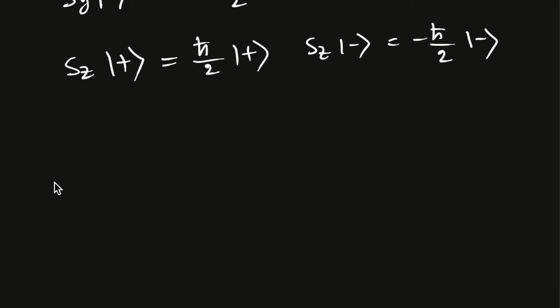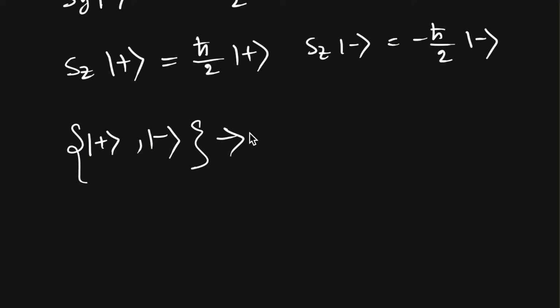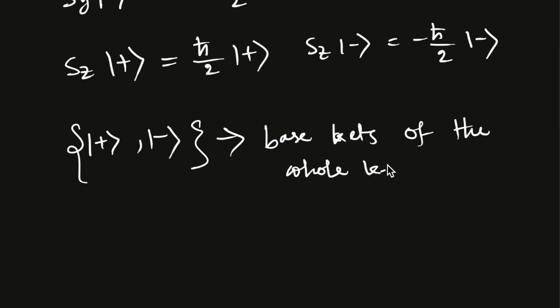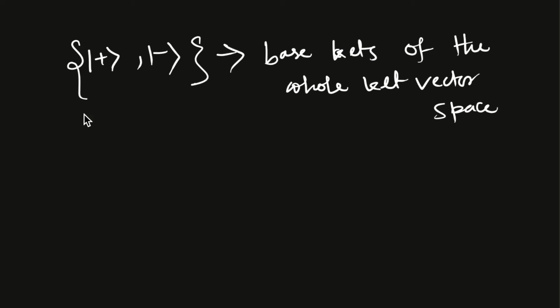Now since these two kets are the base kets of the whole ket vector space, that means any vector can be written in terms of plus and minus.